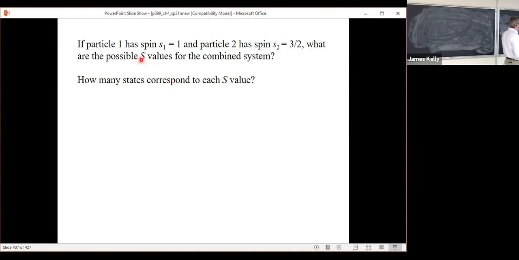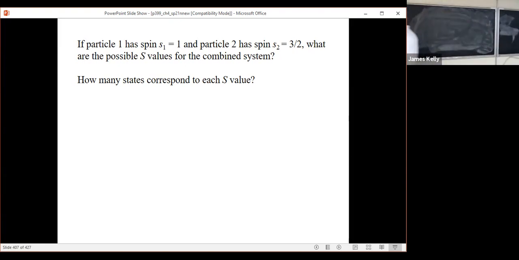I have this as a capital S here, but this would mean the magnitude of the spin angular momentum, with an H bar in it, as opposed to combined little s. So maybe it's simpler to ask, what are the combined little s values that are possible here? And then how many states correspond to each little s value?